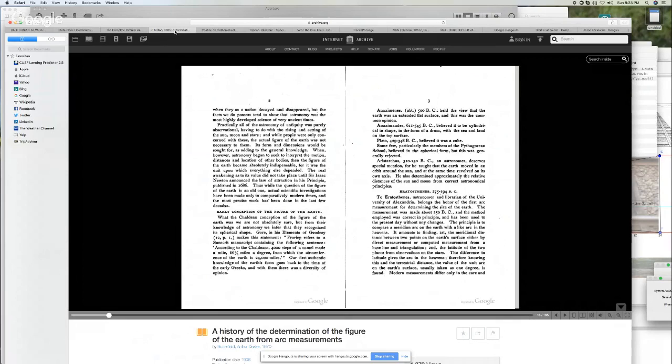It's called The Transcontinental Triangulation and the American Arc of the Parallel, where they triangulate along the 39th parallel from Cape May, New Jersey to, I think it's San Diego. No, not San Diego, I'm sorry, Sacramento, up in Northern California.